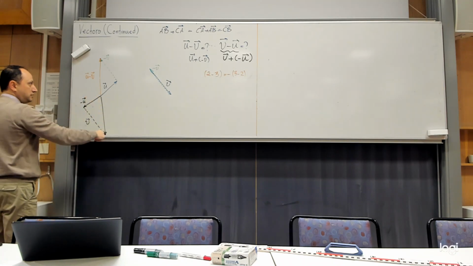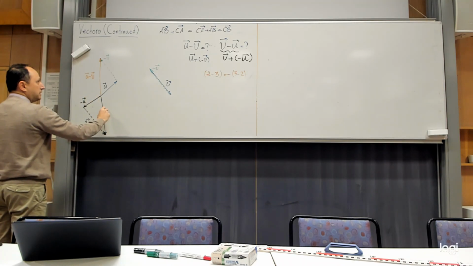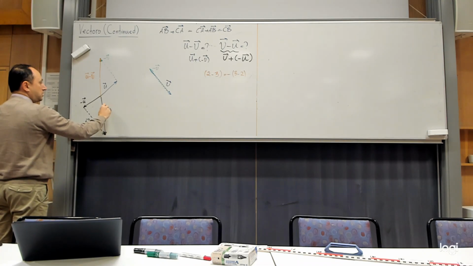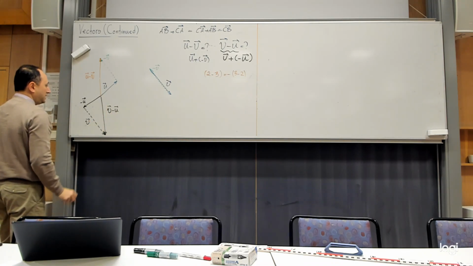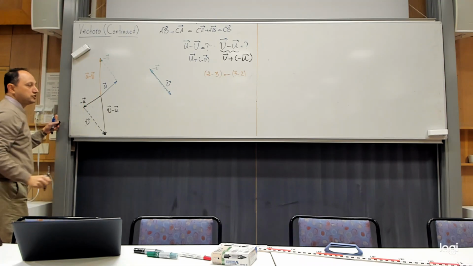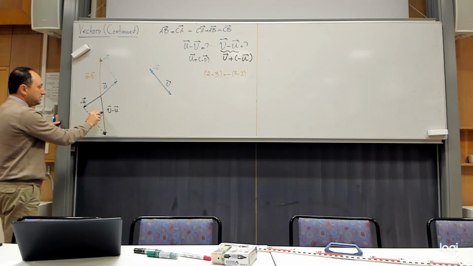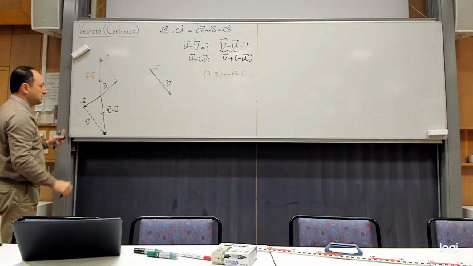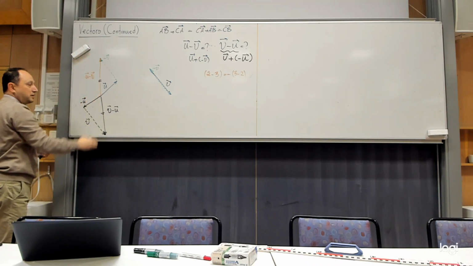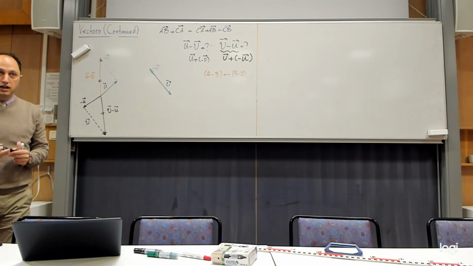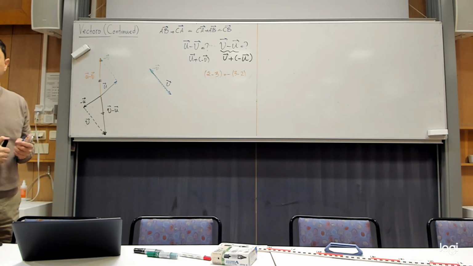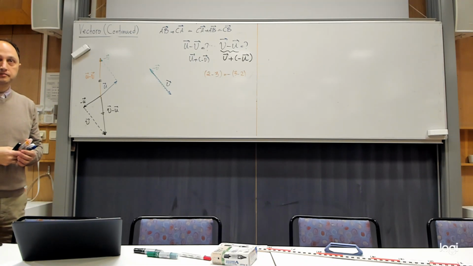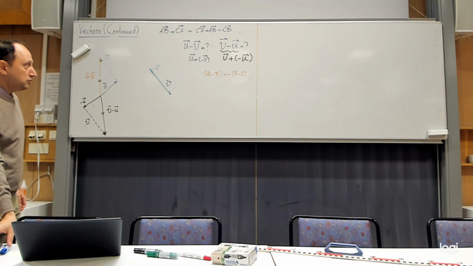So this vector is now vector v minus u. And hopefully if you do it using GeoGebra, you are immediately convinced that these two vectors are of the same size. They lie on the same line, but they are pointing in different directions as you predicted before drawing it. Yes? Is that clear?